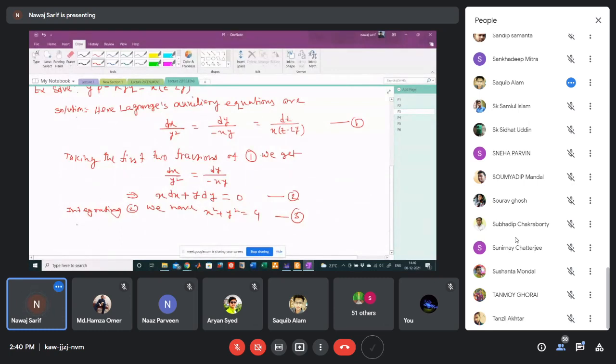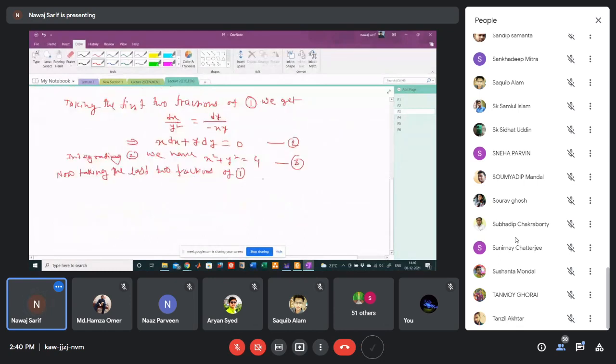Now taking the last two fractions of 1, we have dy by minus xy equals to dz by x into z minus 2y. Okay, so x cancels out from both sides. Now simplify this equation. What will you get?